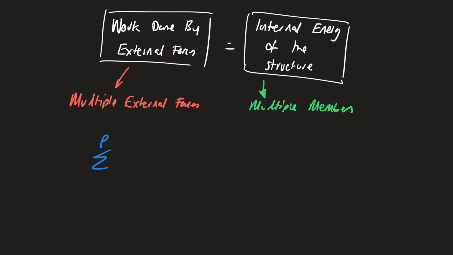We'll talk about external energy of member p, and then we'll do the same for the members internally. We'll have M members. We just add them all up together. Okay, so the sum of all the work done by all of the external forces has to be equal to the sum of the internal energy stored by individual members.